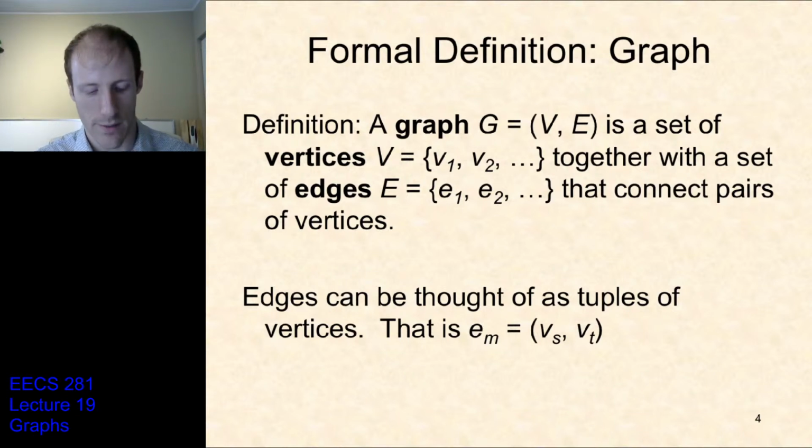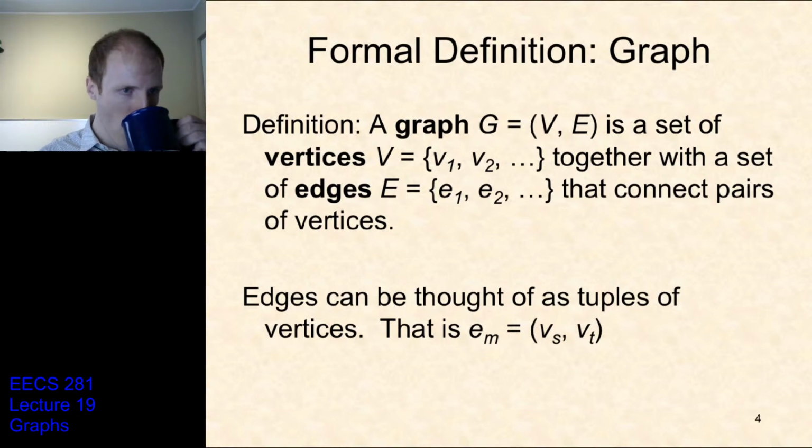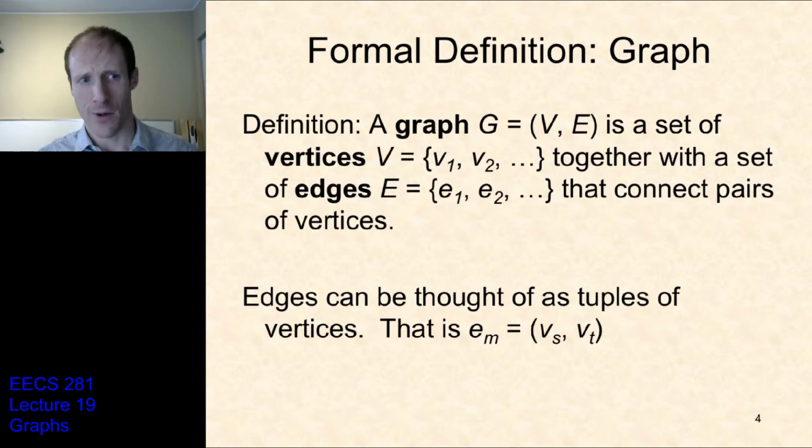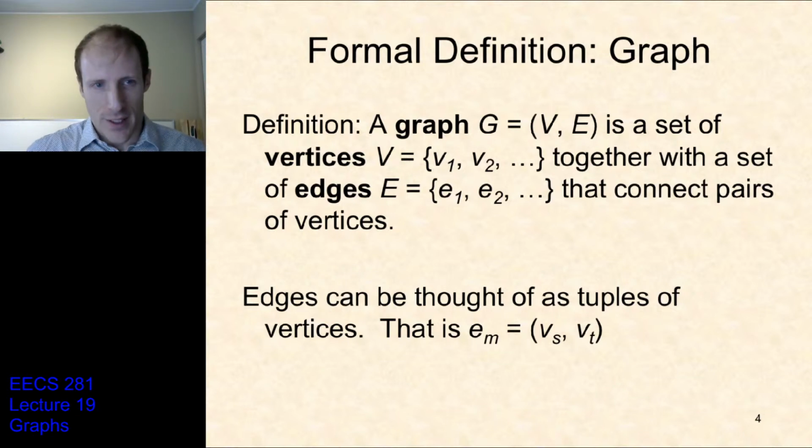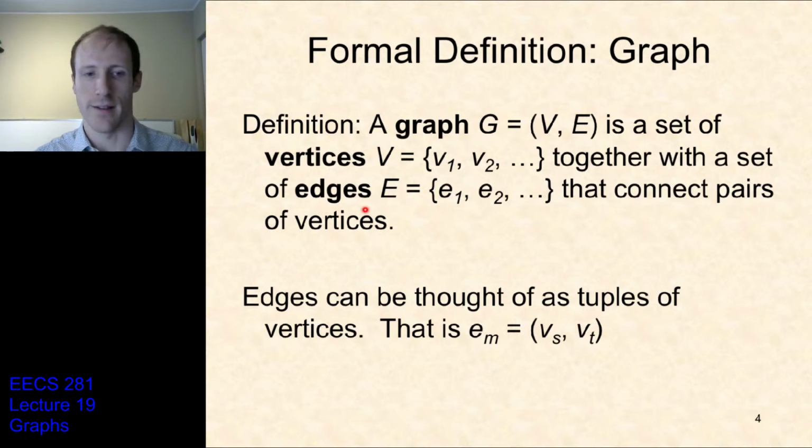So every edge can be thought of as, again, a tuple, where the two items in the tuple are the start vertex and the ending vertex of that edge. So that's pretty straightforward, right? A graph is really just a tuple of nodes and the edges that connect them. So this is probably the most general definition of a graph.